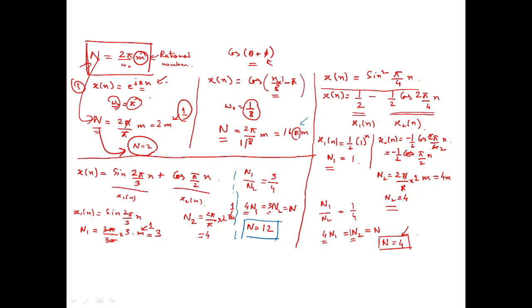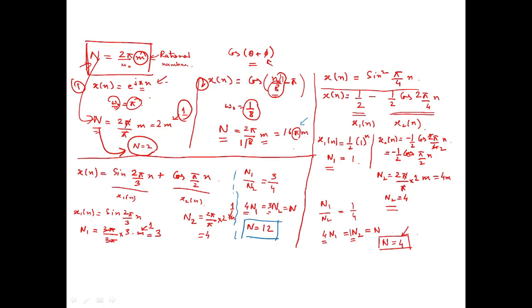Now coming to the next question, x[n] equals cos of n times 1 by 8 minus pi. What is omega over here? Omega is 1 by 8. So capital N is equal to 2 pi divided by 1 by 8, into m, which is equal to 16 pi m.